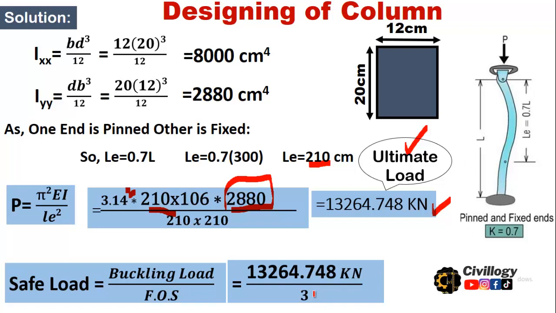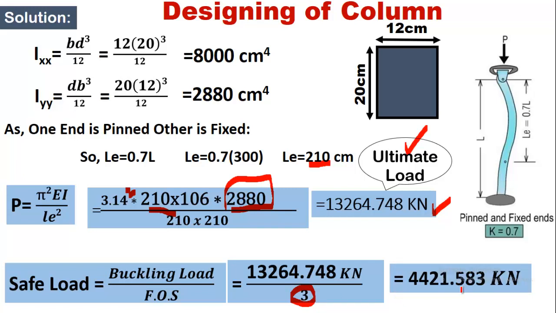It is given in the example that the factor of safety to be applied is 3, and we will get the safe load, which is 4421.583 kilonewton. So that's how you can calculate the safe load for any given column if the conditions are known to us and the dimensions of the column are given. Then we can calculate the ultimate load and safe load.